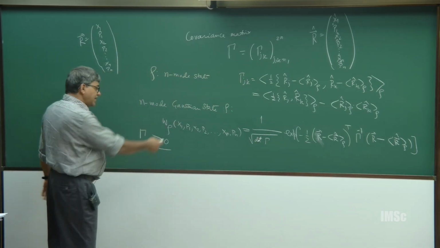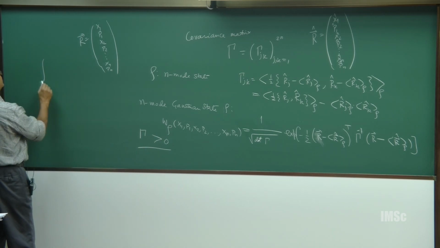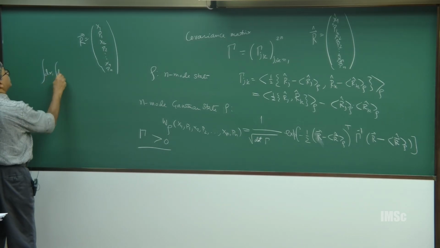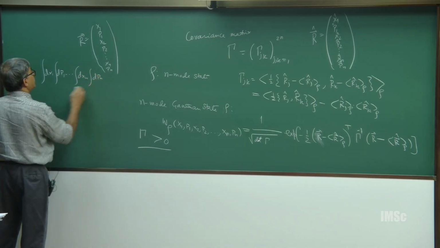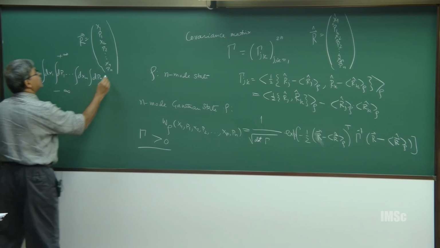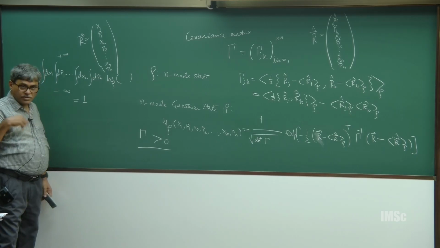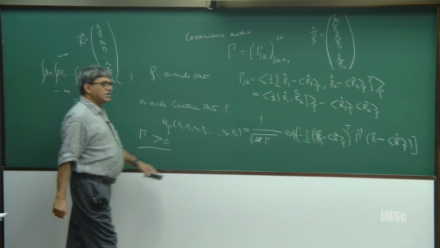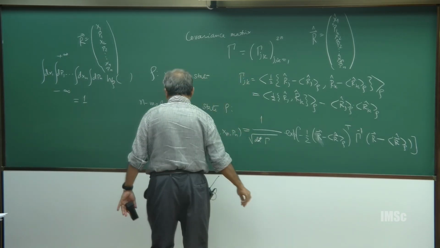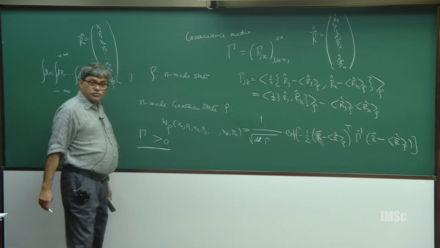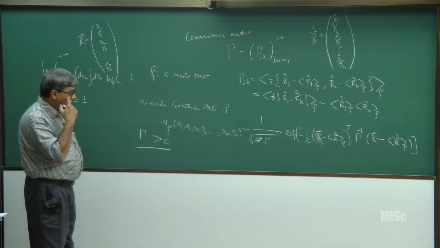You can prove that this is normalized: if you do this integral, dx1 dp1 up to dxn dpn, everything from minus infinity to plus infinity of this w, then this should be equal to 1. Okay. So, this is normalizable, and this is indeed a probability distribution. So, for a classical probability distribution, as I said, this condition is enough to assure that this is a probability distribution, and this will also give you the marginals.